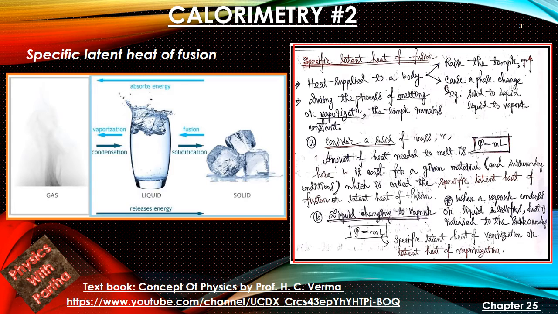So total mL will give you the total latent heat, and L denotes the specific latent heat. Now for liquid changing to vapor, here also Q equal to mL, where L is known as specific latent heat of vaporization or latent heat of vaporization. Now when a vapor condenses or a liquid solidifies, heat is released to the surroundings, or otherwise in the reverse process it is absorbed, but the amount will remain the same, like Q equal to mL.